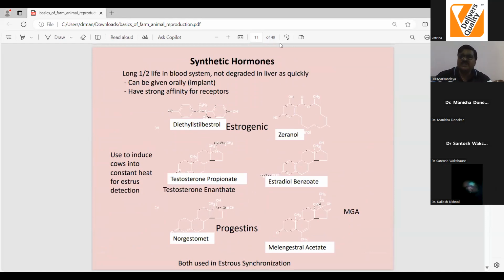For estrogens, for a long time we were using estradiol benzoate, but nowadays we have alternatives, and therefore estrogens are very rarely used in clinical cases. Of course, testosterone is required in male animals, and we are using it there, but synthetic preparations have more biological activity and longer half-life, and therefore their use is more in clinical practice.